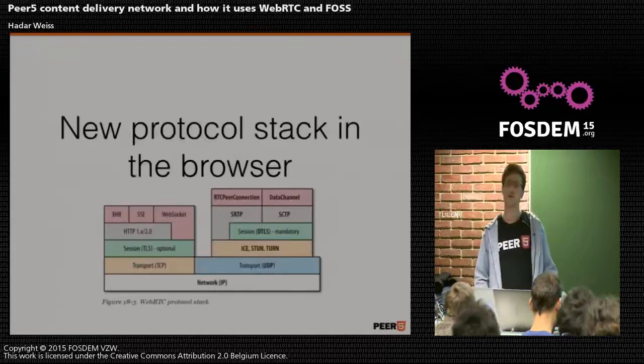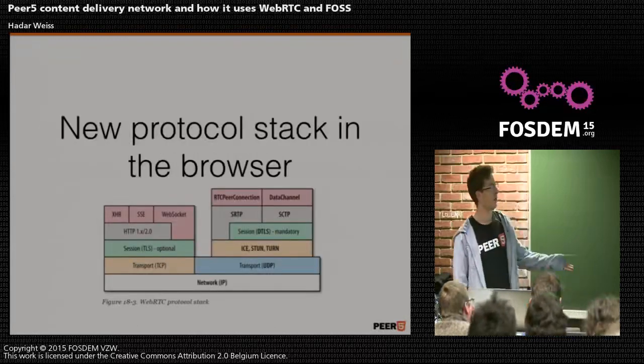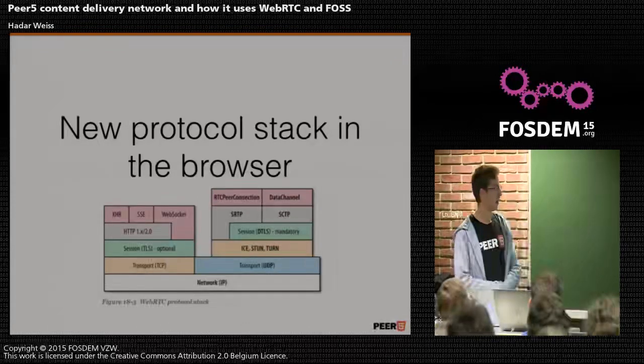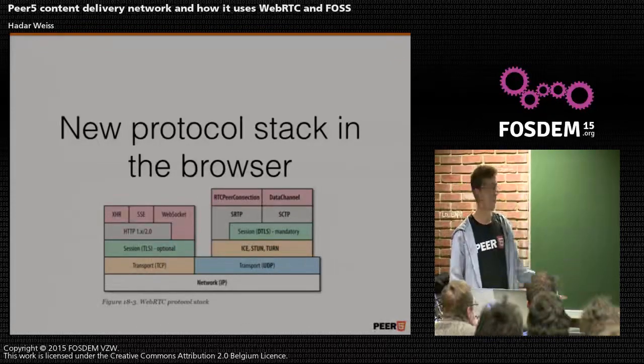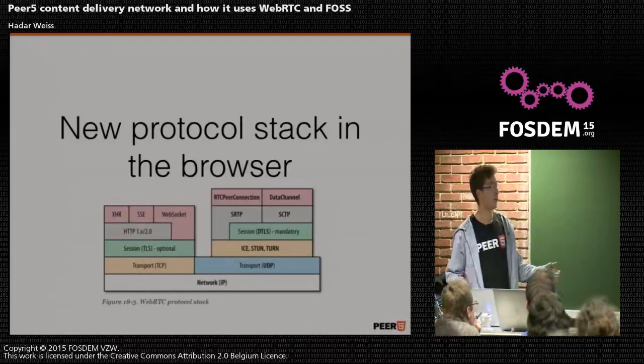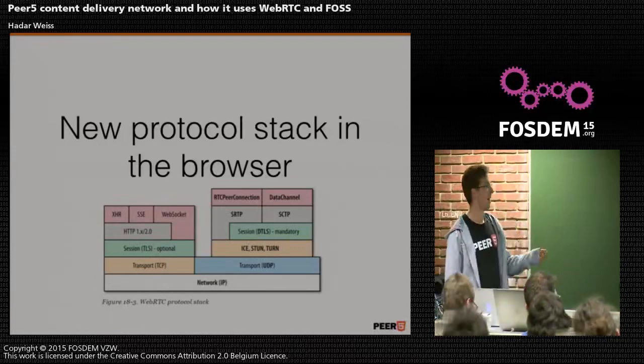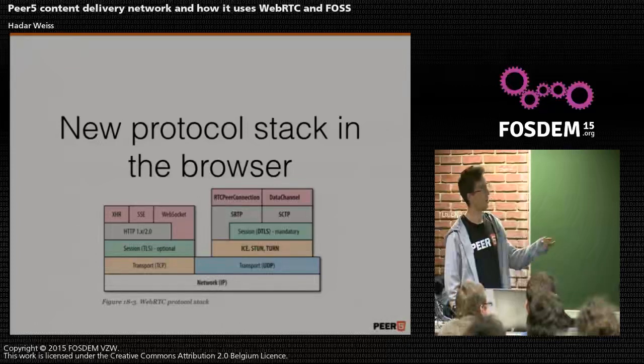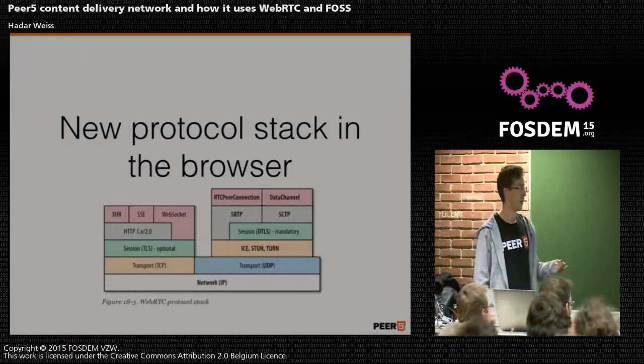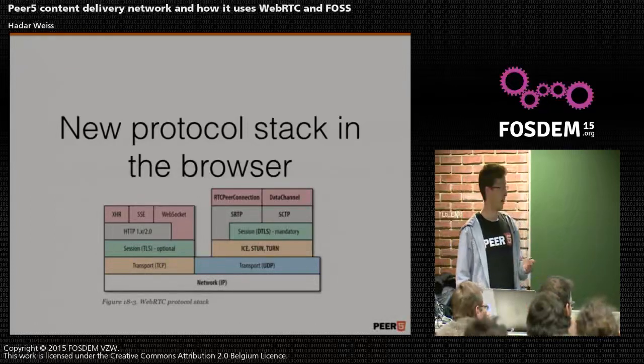And it's a full network stack. Every browser up until recently had a stack that is based on TCP, and now we have a really rich stack that is based on UDP. It's pretty exciting. It's UDP as a transport layer, and then ICE, STUN, and TURN to do the NAT traversal.